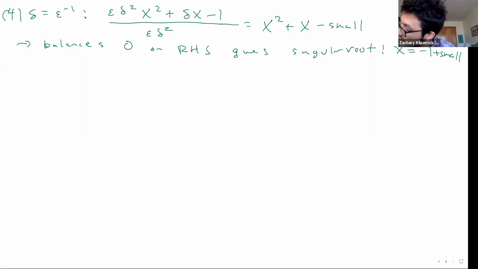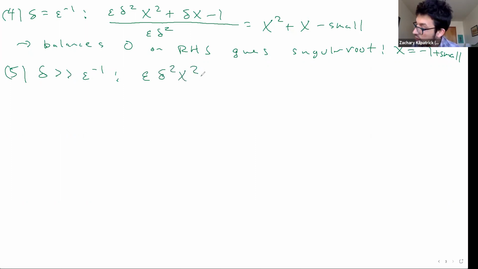So this then is the rescaling that we want to use, and it is the one that we pointed out before, right? Let's just look at what would have happened, finally, if we'd taken delta to be epsilon to the minus 1, okay? In that case, you have epsilon delta squared x squared plus delta x minus 1, divided by epsilon delta squared, okay?